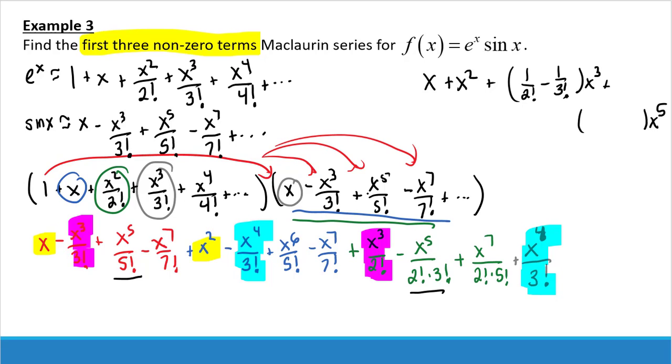So I actually have 3 of those I need to combine. When I combine all of those, I factor out the x to the fifth, and I would have a 1 over 5 factorial minus a 1 over 2 times 3 factorial plus a 1 over 3 factorial.